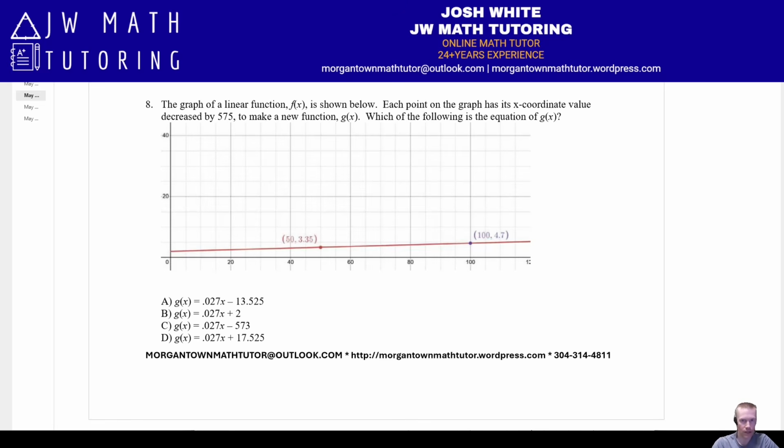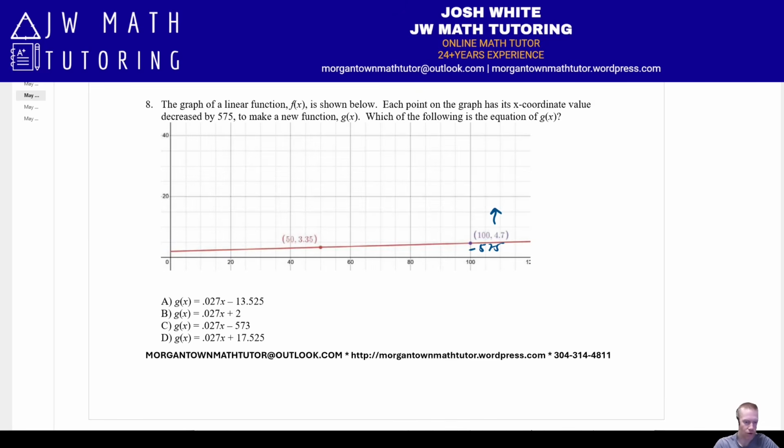Because take this point right here, 100 comma 4.7. You're doing minus 575 on it. So now the new x coordinate would be negative 475. So now you're going to have a point, way over here, that's negative 475, 4.7. It's being shifted to the left by 575 units.